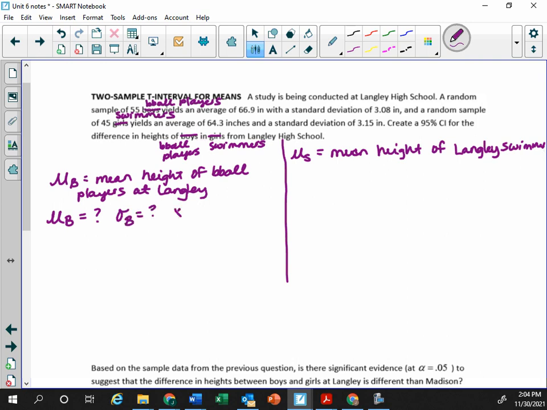We do know x bar, and that was, what, 66.9? We know S of this group is 3.08. And we know our sample size, which was 55 basketball players.